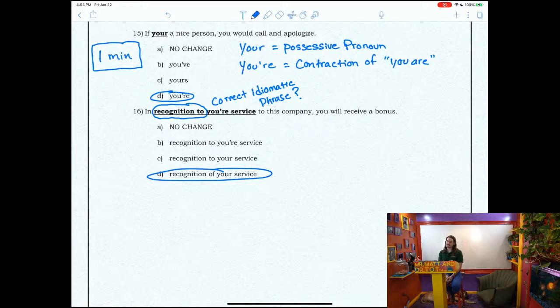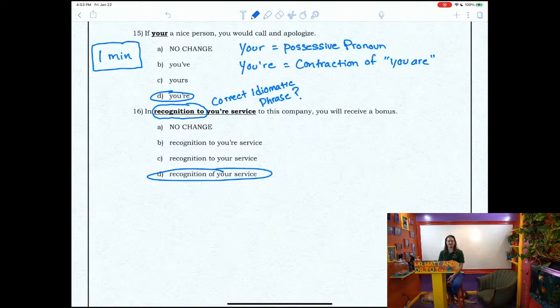For 16, this is really testing whether we're using the correct idiomatic phrase, really whether we're picking the correct preposition for this phrase. So the idiomatic phrase is in recognition of your service. You wouldn't say in recognition to your service, it's actually of. And this is one of the trickier areas of English.